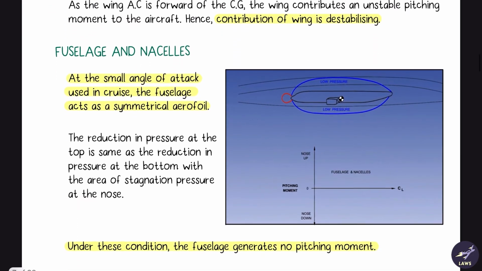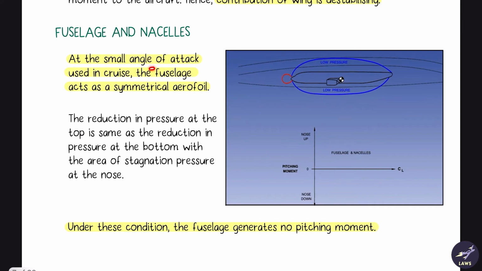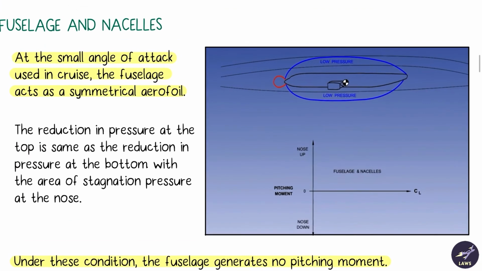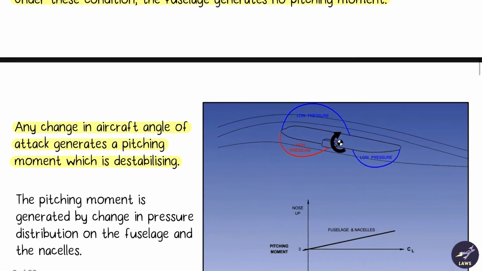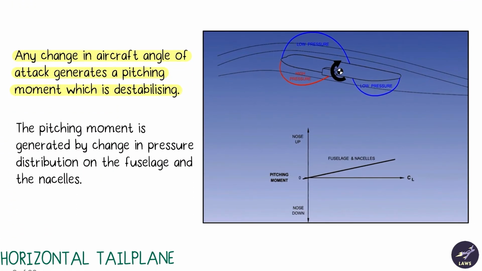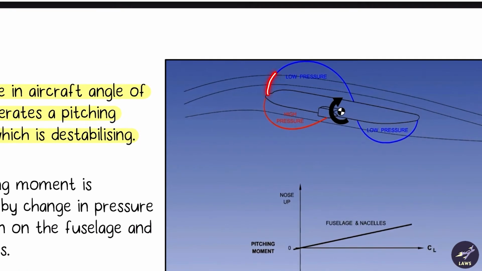Fuselage and nacelles: at small angles of attack, the fuselage acts like a symmetrical aerofoil, okay. There is the same pressure above as well as below. But when you increase the angle of attack, as you see, there is low pressure above and high pressure below.